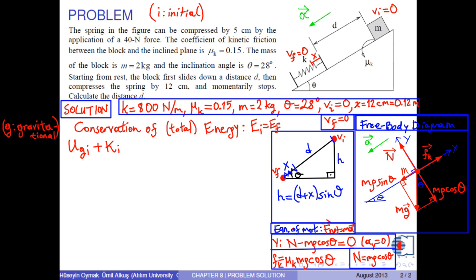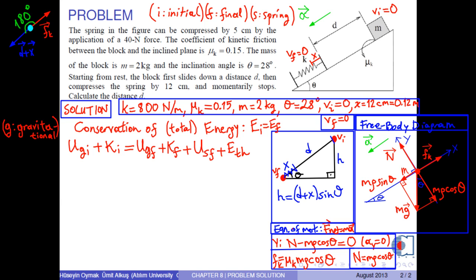We have initially the gravitational potential energy and the kinetic energy of the block. The final total energy is composed of the final gravitational potential energy, kinetic energy, the potential energy stored in the spring, and finally the thermal energy due to friction between the block and the surface.